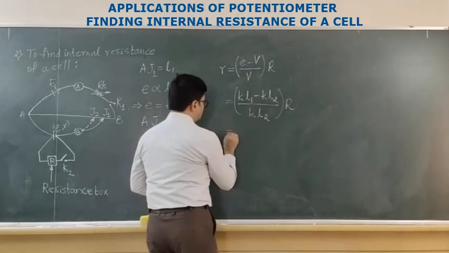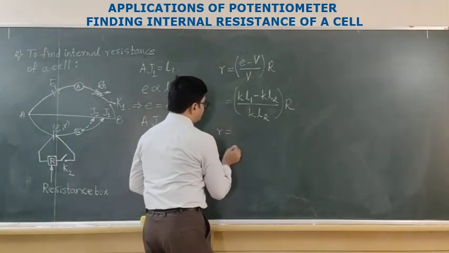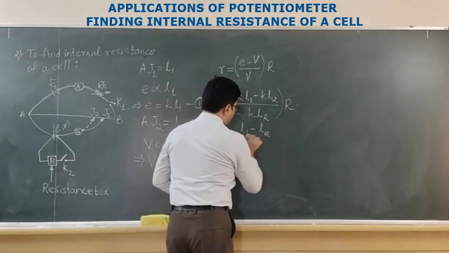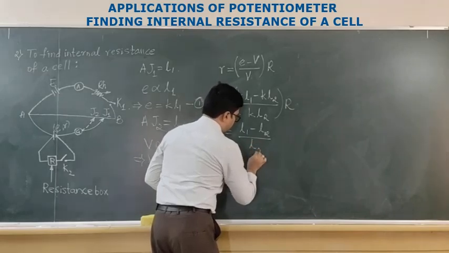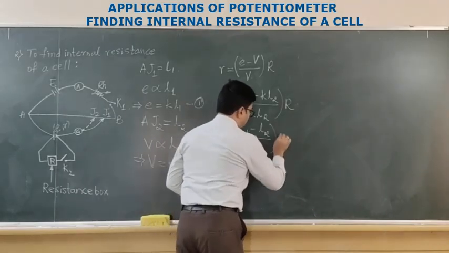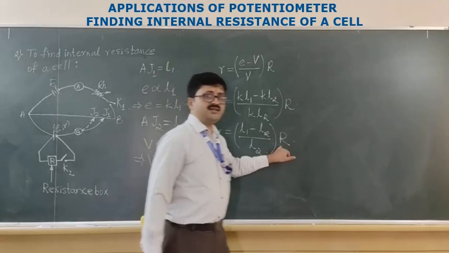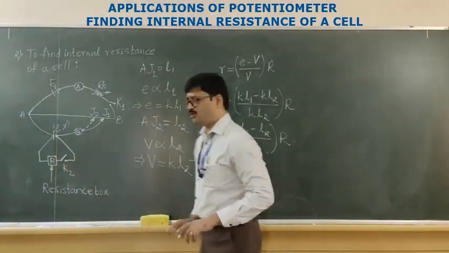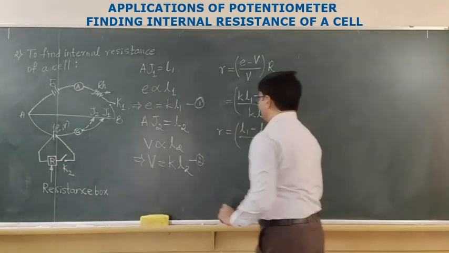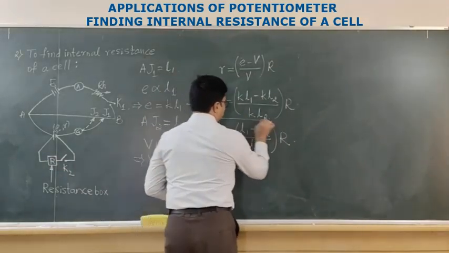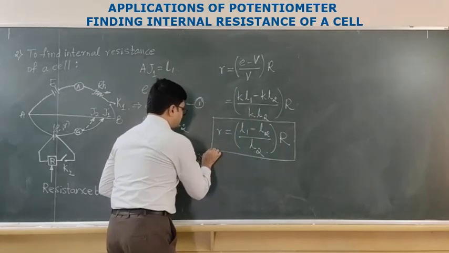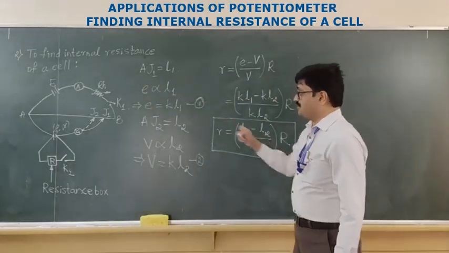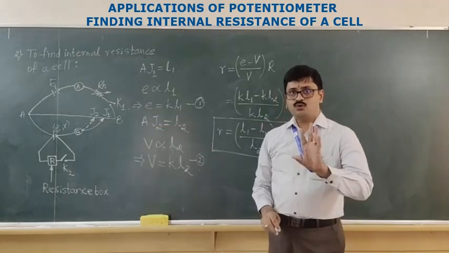So thus we will get the internal resistance r is equal to (L1 minus L2) divided by L2, into R. Here, capital R is the resistance that we have set in the resistance box, and small r is the internal resistance. So thus we obtain the expression for the internal resistance of the cell by using a potentiometer.